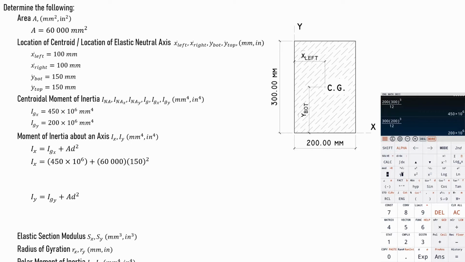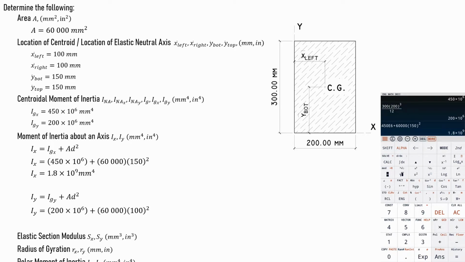So solve natin. 450 times 10 raised to 6, plus 60,000 times 150 squared. So yung sagot natin dito, 1.8 times 10 raised to 9 millimeters raised to 4.